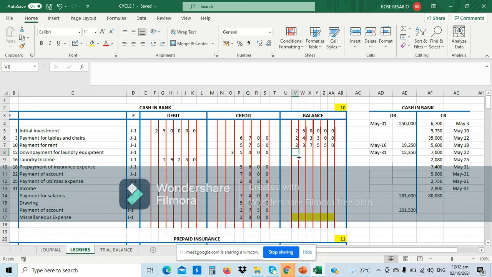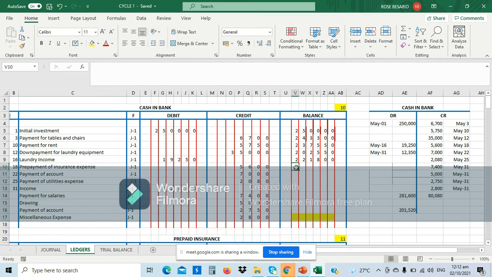This is 202,550. Then we add 19,250. That is equal to 221,800. Then deduct 5,600.